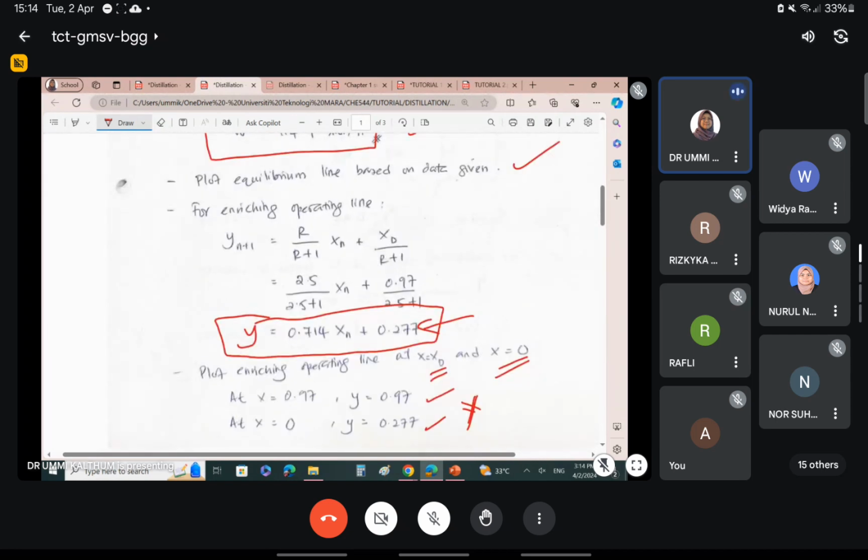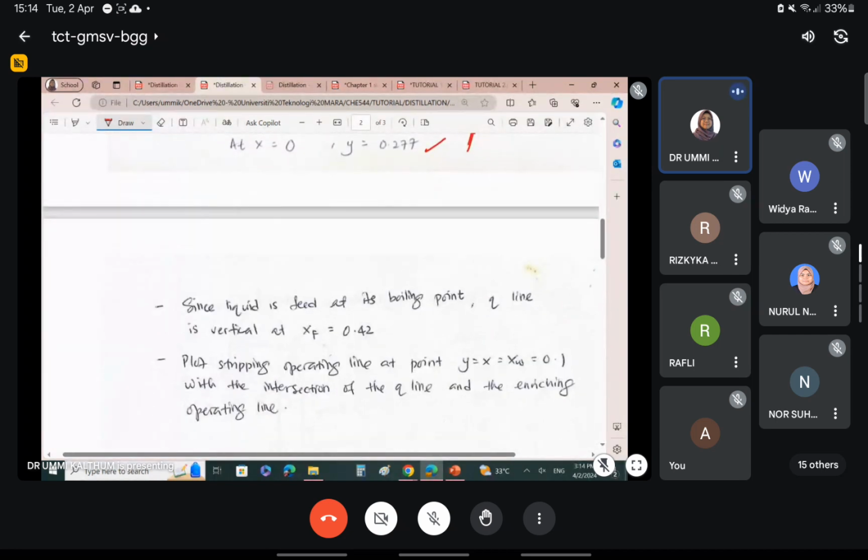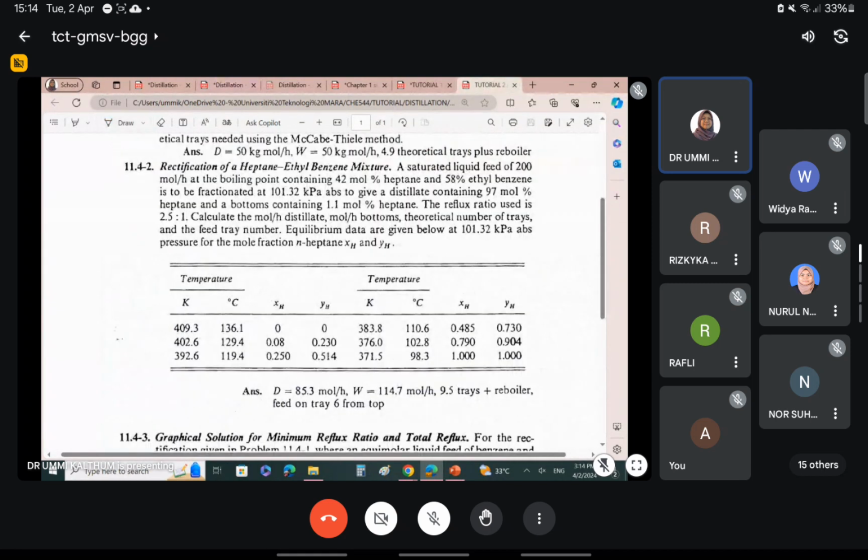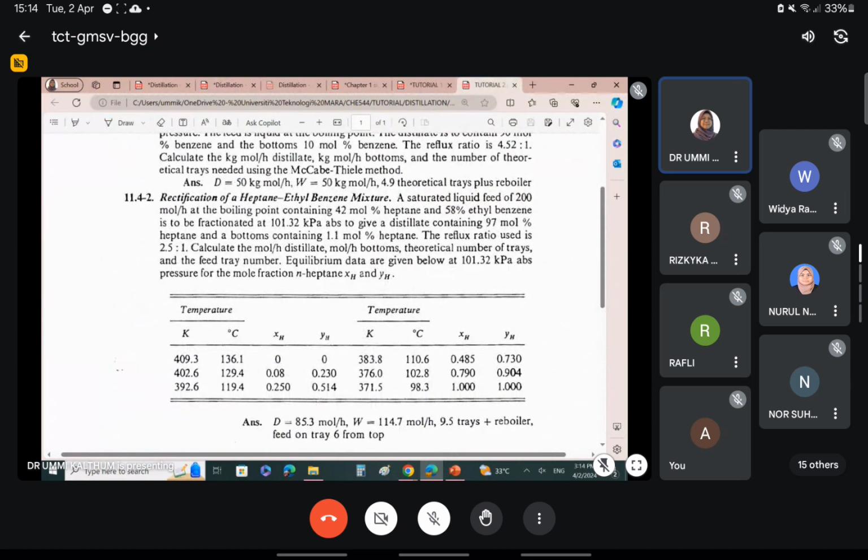Next, do we mention q? They mention a saturated liquid feed. Saturated liquid feed means the feed enters at its boiling point, so q is equal to 1. If they mention only a liquid feed, we can also consider q as 1.